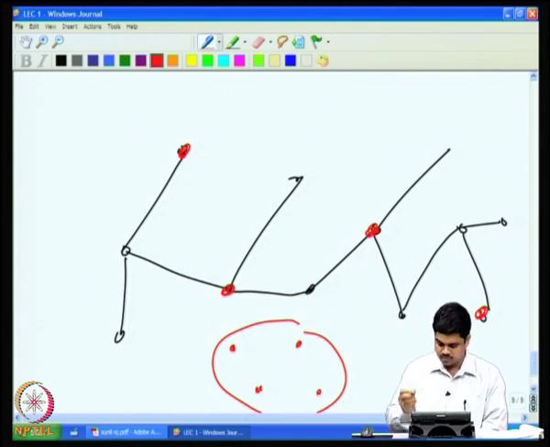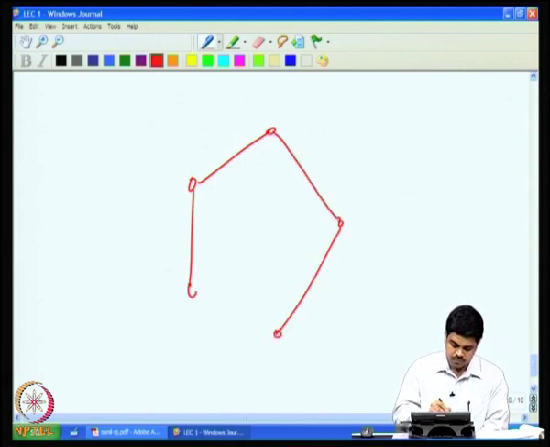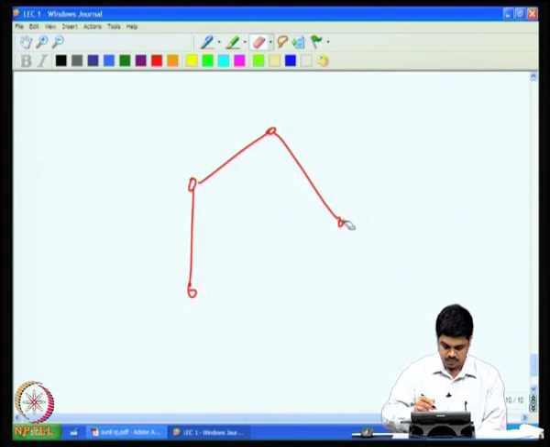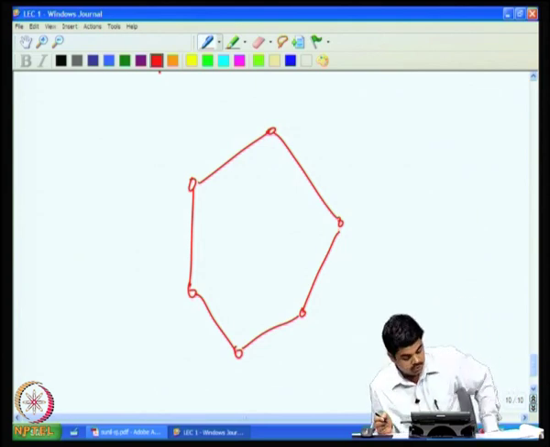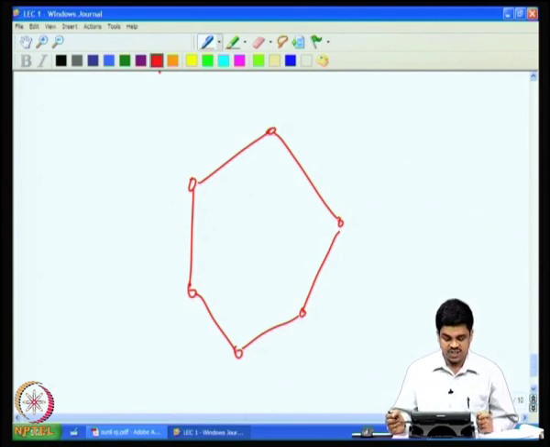So, we can take some simple examples, like for instance, I can consider a cycle. Let us consider this cycle. Now how do I partition it into 2 collections such that each collection induces an independent set?